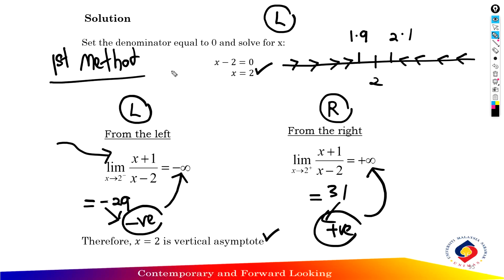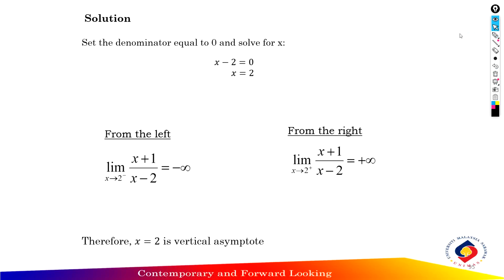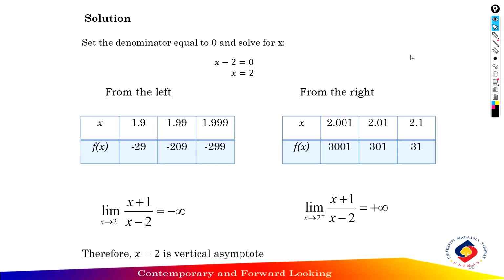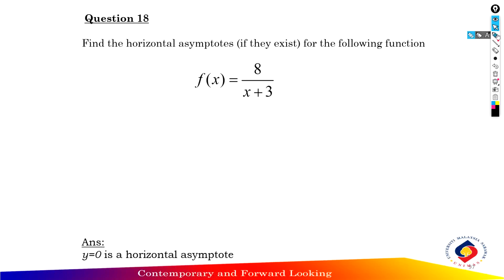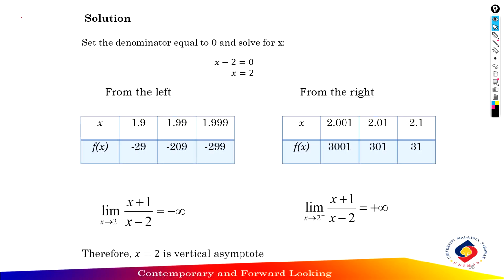And the second method to find the vertical asymptote: the second method uses tables.